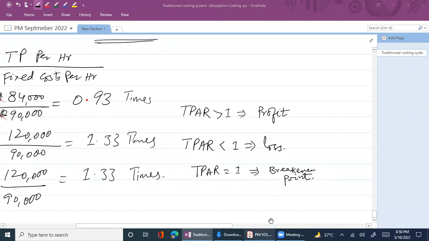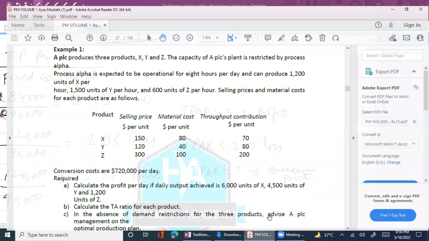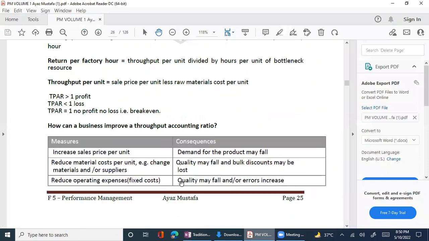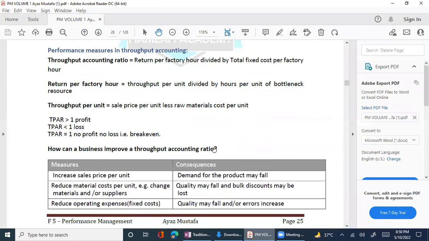Is it clear? So going back to the throughput accounting ratio theoretical area, in the first line you are given the formula, then return per hour. The word return per factory hour or throughput per hour is the same thing. Throughput per hour. And these are the throughput accounting ratio greater than 1, less than 1. Is it clear?